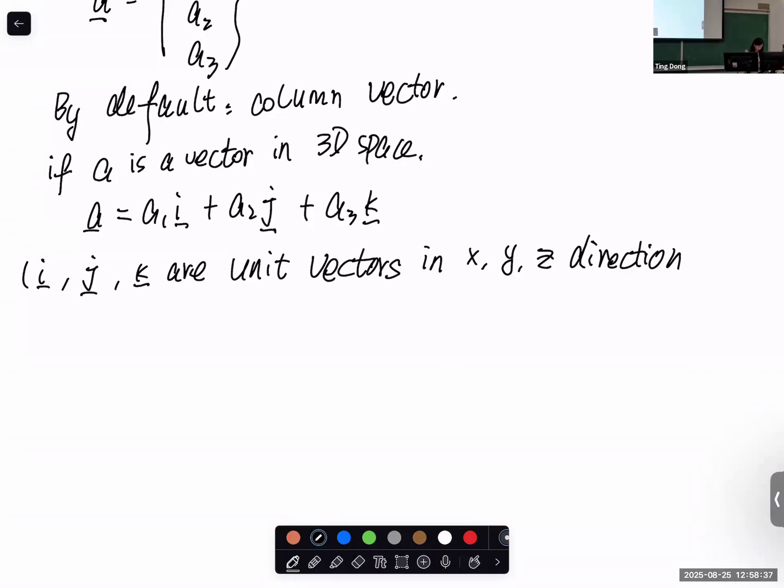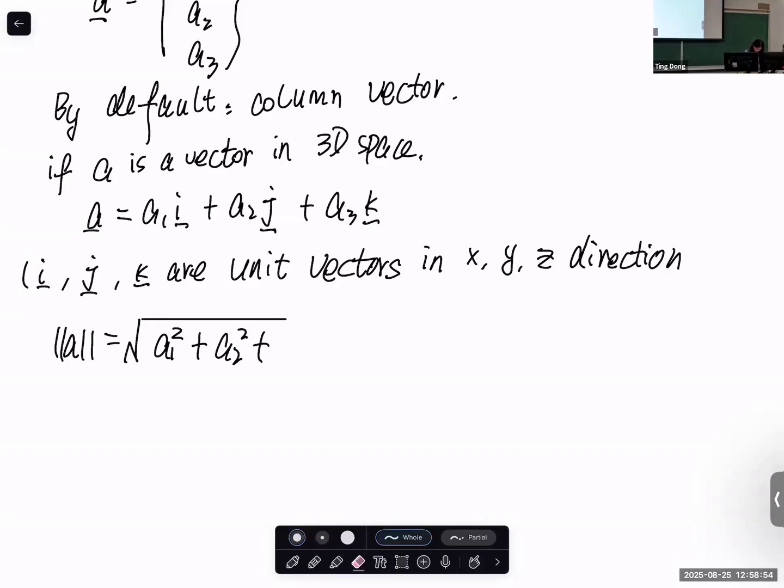And of course, the magnitude of this vector is the square root of A1 squared plus A2 squared plus A3 squared. And that becomes the magnitude of the combined force, of course.